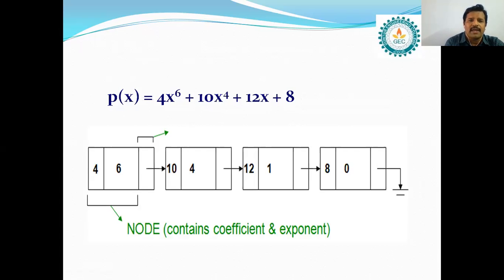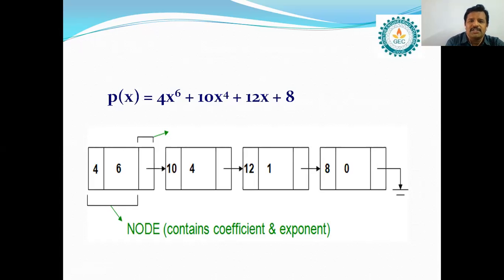So the highest degree is 6 plus 1, that equals 7. We have to create the array with size 7, right? And here there are no exponents of x power 3 and x power 2, so in case of arrays we put the value 0.